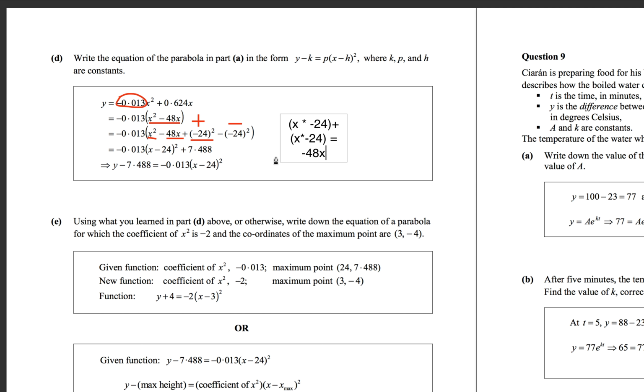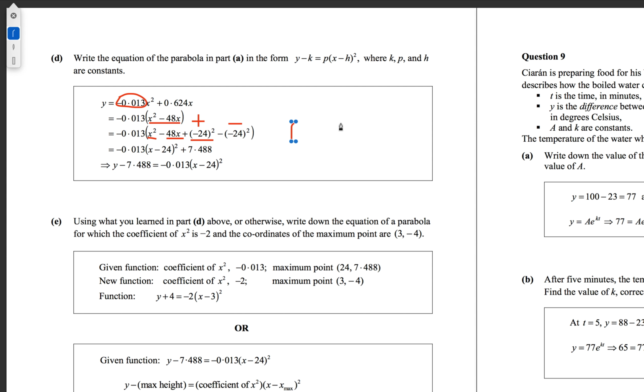What you want when you factorize something like this so that it's in a square form, is that this constant by itself gets you the constant, and this constant multiplied by x and again added to itself gets you the middle term here. Okay, so we've got the middle term, we've got the constant, so this is right.